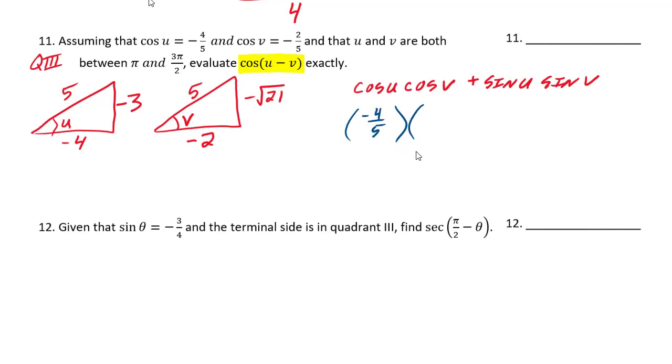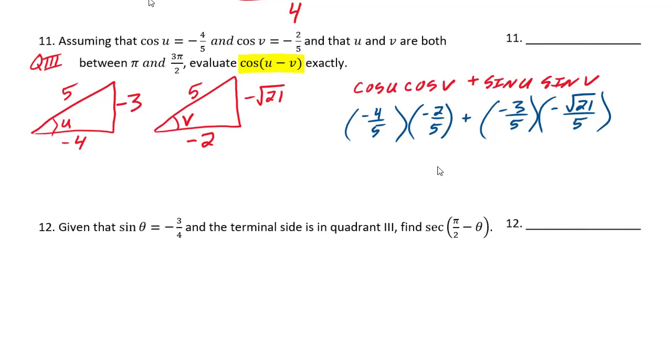It actually was one of the ones provided for me. Then I go to the next one, cosine of v would be the other thing they provided for me, so -2/5. Added with sine of u, that's something I needed to find from the triangle, so that would be -3/5. And sine of v, similarly, I need to find from the triangles, would be the -rad 21/5.